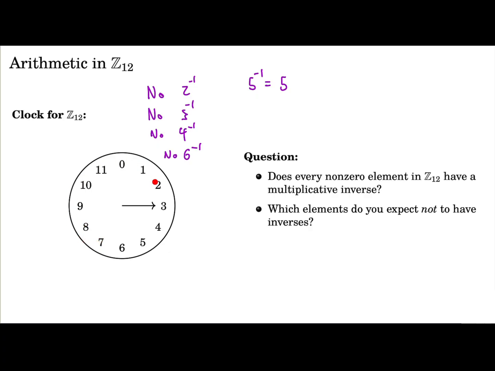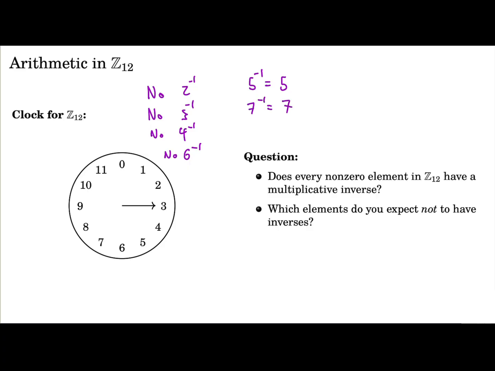This is 2 sevens, this is 3 sevens, 4 sevens, 5 sevens, 6 sevens, so 7 sevens. So here the inverse of 7 is equal to 7.